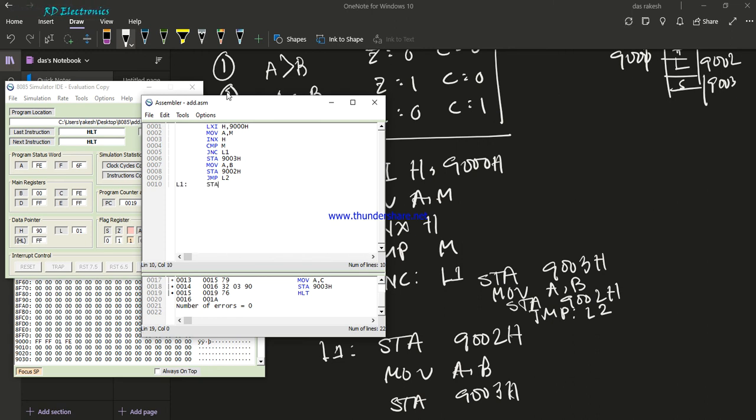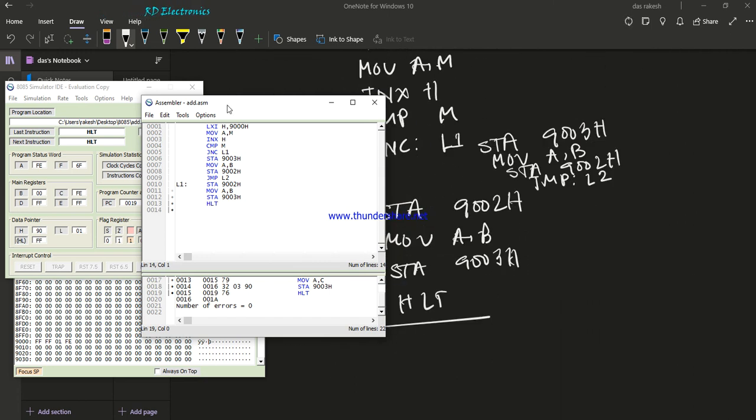What is the logic? STA 9002 hexadecimal, then MOV A, B, then STA 9003 hexadecimal, and the last instruction is halt.